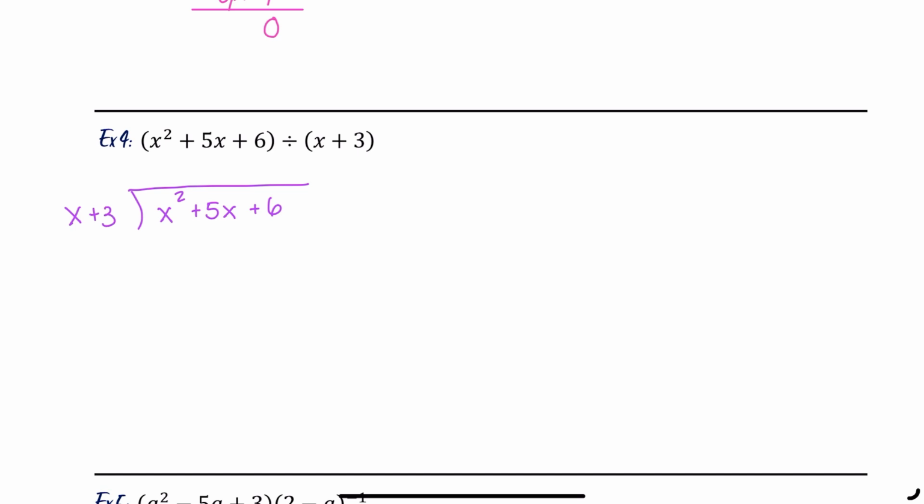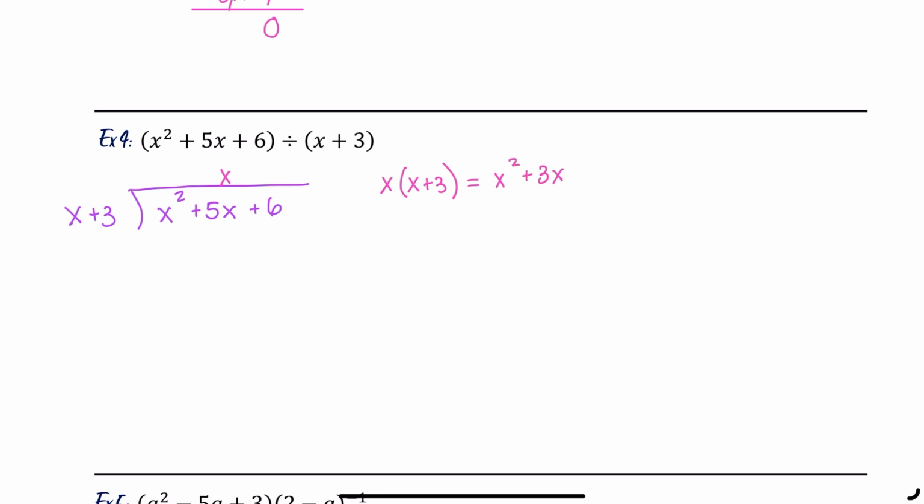Again, I'm going to focus on the x squared divided by x, and that's just 1x. I'm going to indent here because I'm dividing by 2 terms, so I want to indent to my second term. Then I'll complete my multiplication of x times x plus 3. Gives me x squared plus 3x.